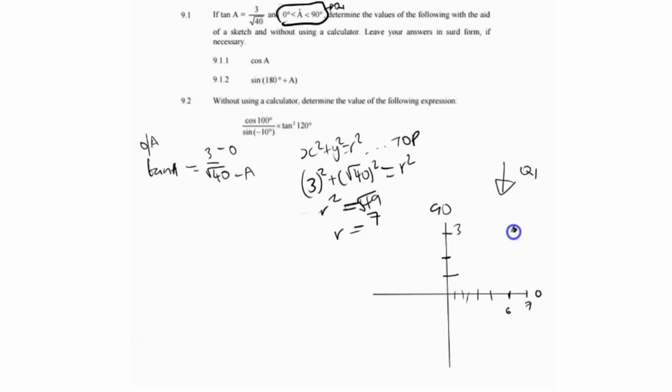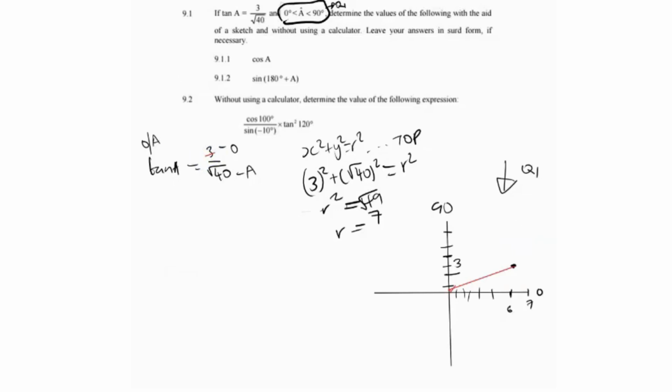The opposite is the one that is 3, which is this one on the y-axis, and the adjacent is this one, root of 40, which is 6 comma 32, just in between 6 and 7. So this is how you are going to draw the sketch. Note that they will give you marks for the sketch.